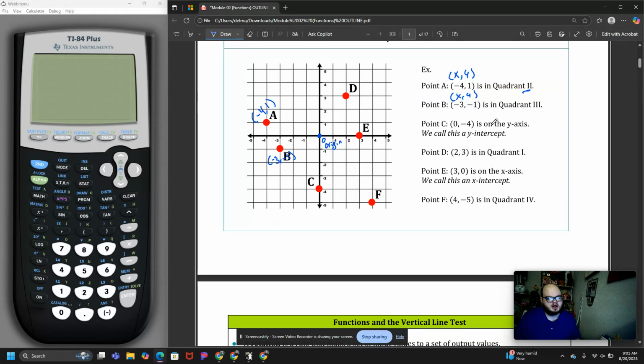And we're going to look at this one. This one is called the y-intercept. The y-intercept always has a 0 in place of the x. Okay, so the y-intercept no matter what is going to be 0 comma some y value.